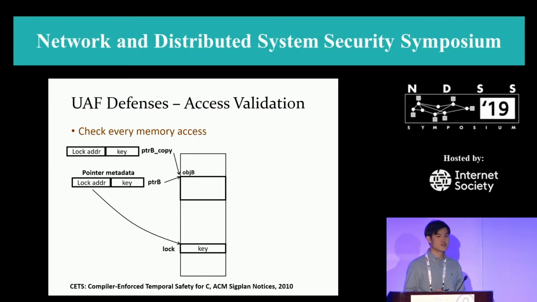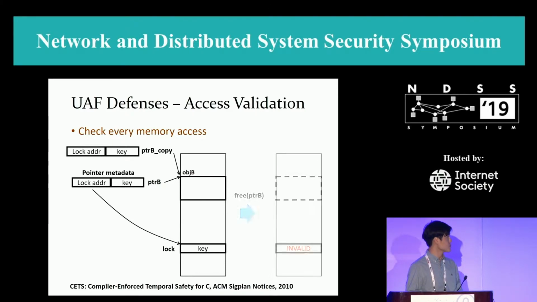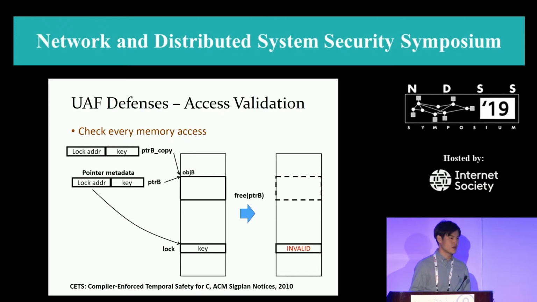Whenever the pointer is copied, they propagate the pointer metadata associated with the pointers. When the object is freed, they set the key at the lock location to an invalid value. Later, whenever the pointer is dereferenced, they look at the pointer metadata and the lock address, and compare the key held by the lock address with the key held by the pointer.